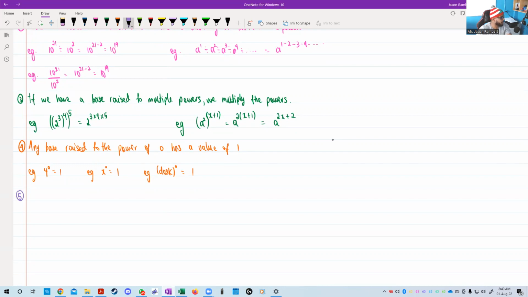All right, law 5. Who could remember what law 5 is? Off the top of the head. So if you have a product or a quotient raised to a power, each term must be raised to that power. Very good.